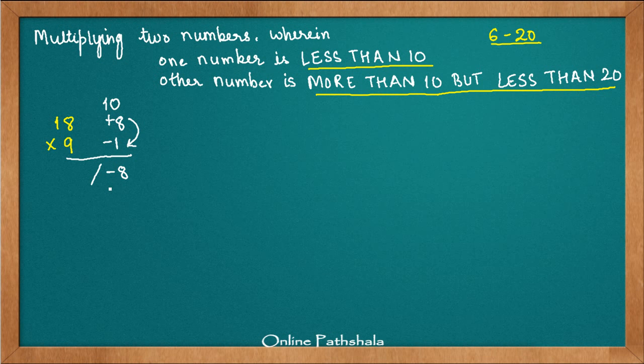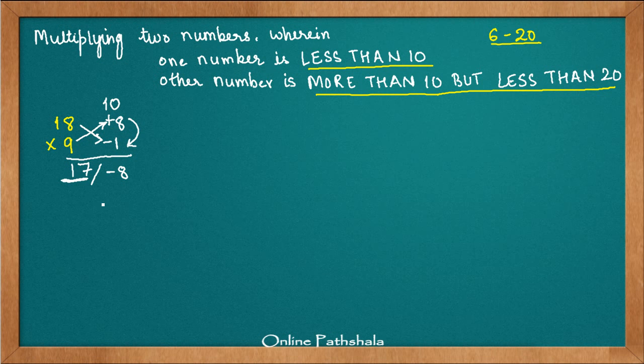Now there are again two ways to arrive at the digit on the 10 side. You can either do this operation here diagonally, but here you will do 18 minus 1. We need to follow the sign, so we get a 17 over here. The other way is you can also follow this direction, but here you have to add 9 plus 8 and that will also give you 17.